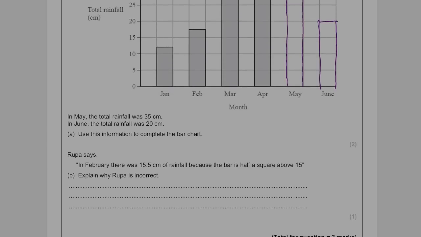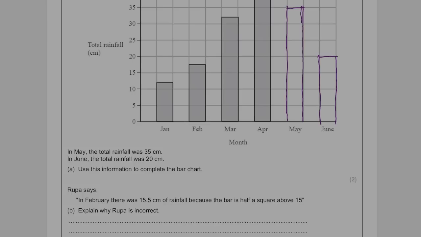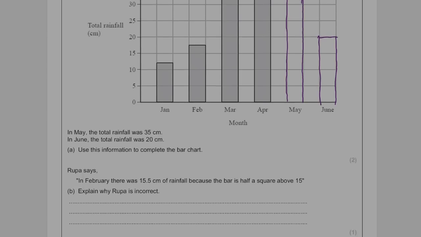Rupal says in February there was 15.5 centimeters of rainfall because the bar is half a square above the 15. Explain why Rupal is wrong. So each square goes up in 5.